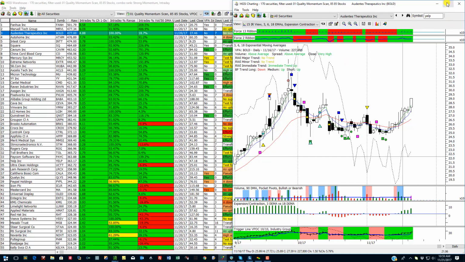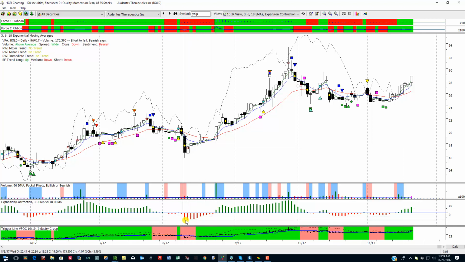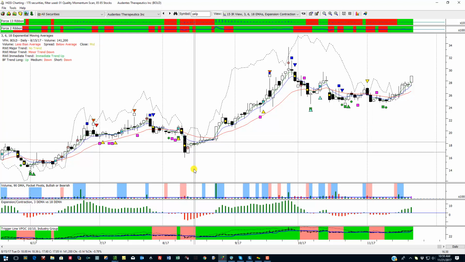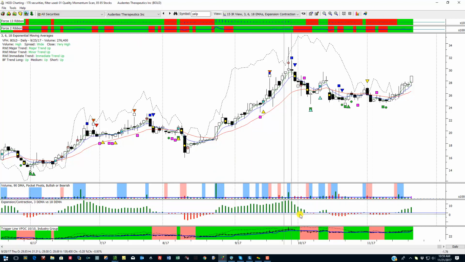Now let me make this chart full size, and you can see back here when it went from contraction and then it started moving up, and then it turned positive right here, and it held the green histogram all the way up to the top before it rolled over. But you can see the 18 is the red line and the 3 is the green line.